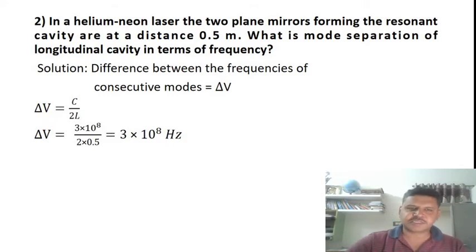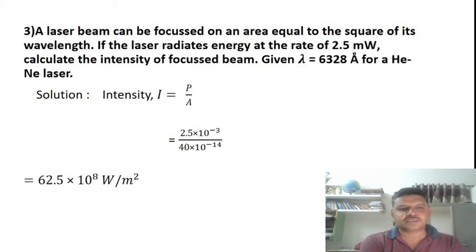Very simple problems. Third one: a laser beam can be focused on an area equal to the square of its wavelength. If the laser radiates energy at the rate of 2.5 milliwatt, calculate the intensity of the focused beam. Here they have given one value, that is lambda 6328 angstrom for a helium neon laser.